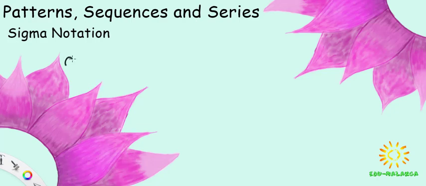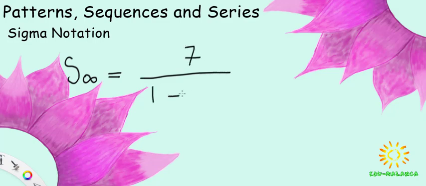We then have sum to infinity is equal to 7 divided by 1 minus 1 over 3. 1 minus 1 over 3 leaves you with 2 over 3, so we will then rewrite what we get as 7 divided by 2 over 3.